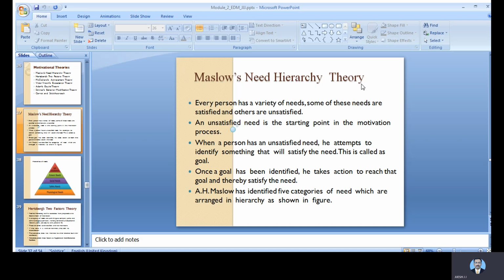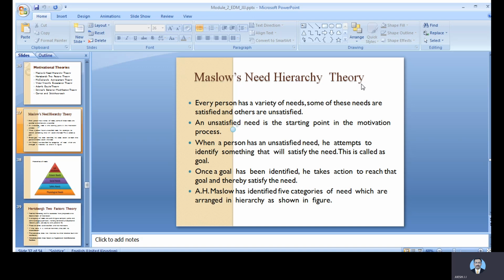Once the goal has been identified, he takes action to reach that goal, and the need gets satisfied. Individuals will first have their own goal set, but in a working environment the company defines the goals and objectives and gives them first priority, so individuals set their goals according to the industrial requirements and try to accomplish them.